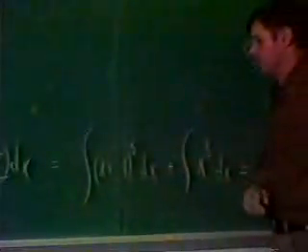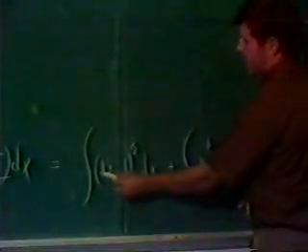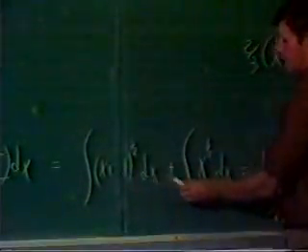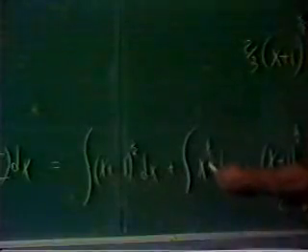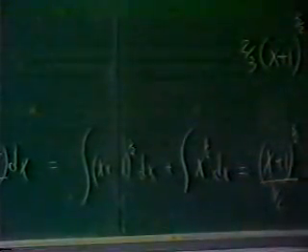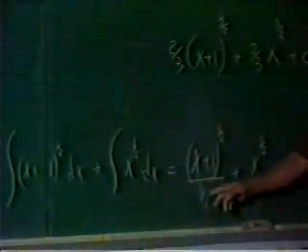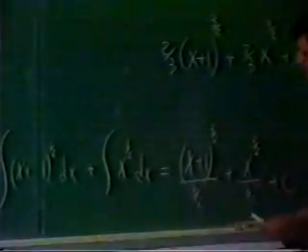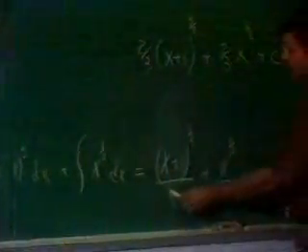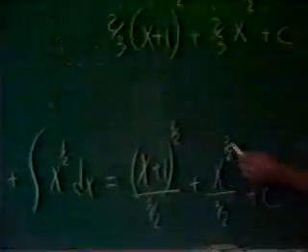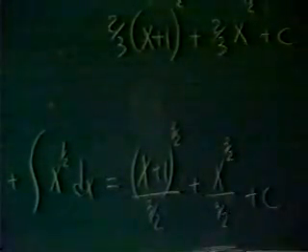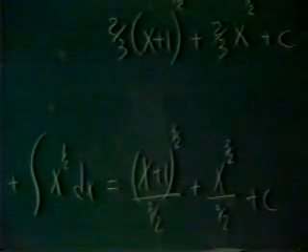I've rewritten it using exponents. We have the integral of x plus 1 to the 1/2 dx plus the integral of x to the 1/2 dx. Integrating, taking the antiderivative, we get x plus 1 to the 3/2 over 3/2 plus x to the 3/2 over 3/2 plus the constant of integration.